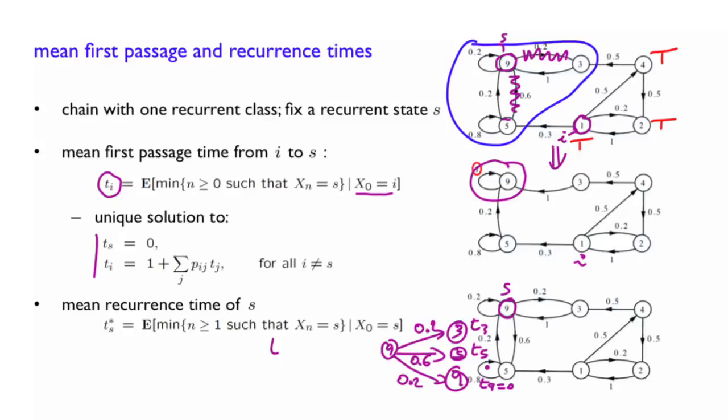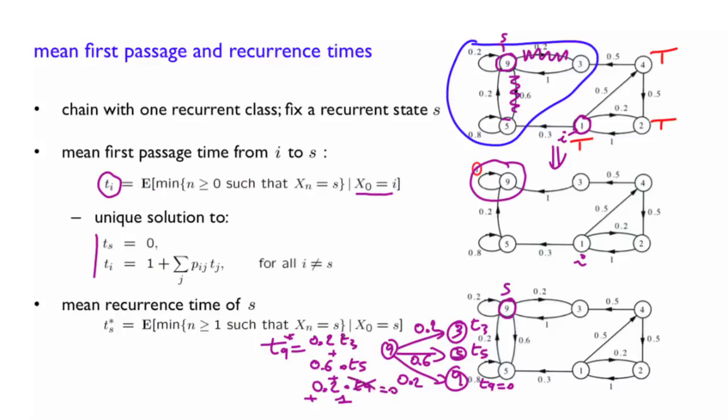So from that tree, what you have is T9 star will be 0.2 times T3 plus 0.6 times T5 plus 0.2 times T9 plus, of course, 1 because you have done one transition. Where again, these values of T3, T5, and T9 are the ones corresponding to this solution here. So of course T9 is 0.